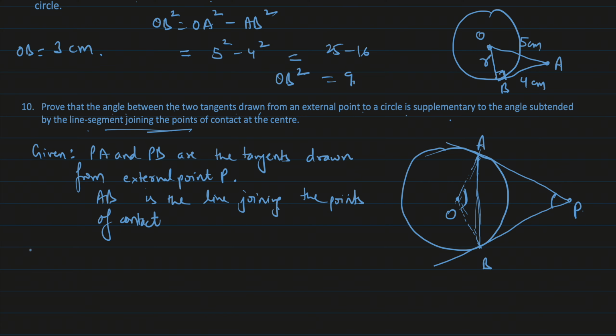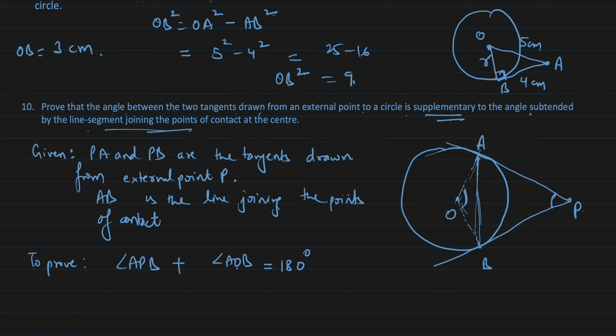Now what do you have to prove? You have to prove that angle APB plus angle AOB is 180 degree. Supplementary means the sum of two angles is 180 degree. That is what you have to prove.